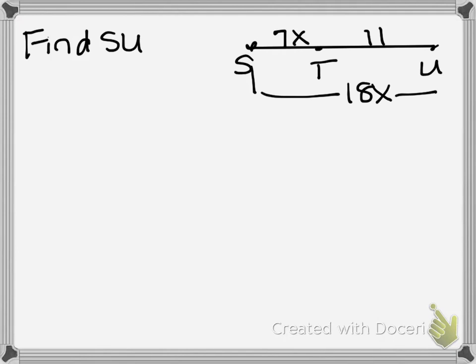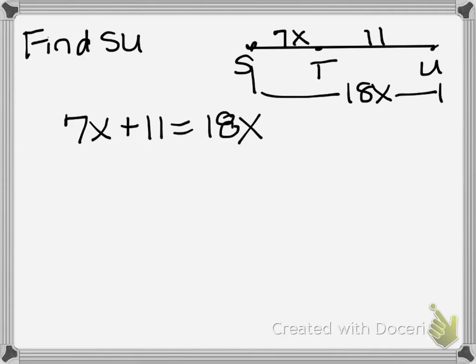All right, so again, before we can find out what SU is, we need to know what x is. So we need to set up our equation. The two pieces add up to the whole. So we're going to do 7x plus 11 equals 18x.